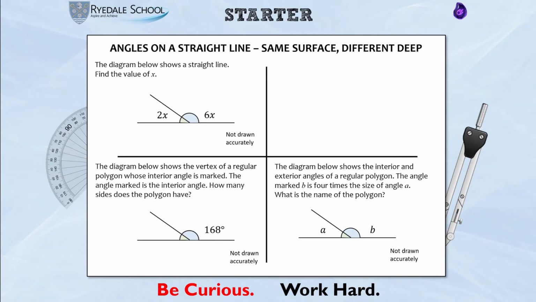So I'm going to start with the question in the top left corner. It says the diagram below shows a straight line. Find the value of x. Well, because it's a straight line, we know the angles on a straight line add up to 180. So we can make an equation here. We have the two angles, 2x and 6x. So 2x add 6x must equal 180.